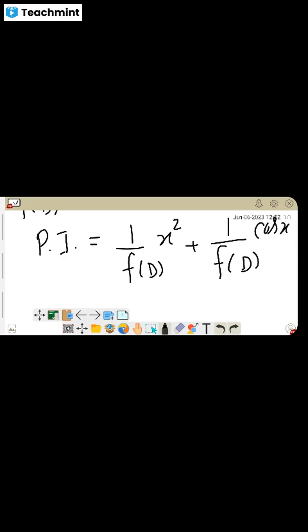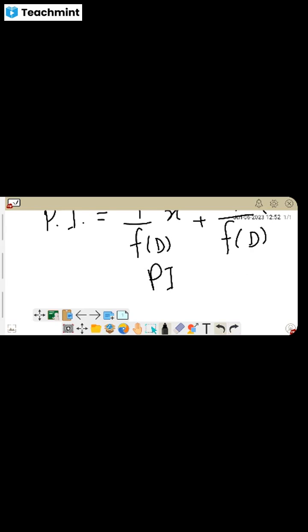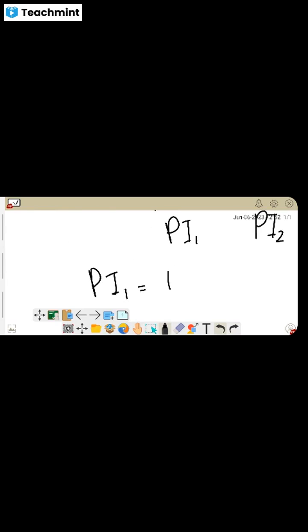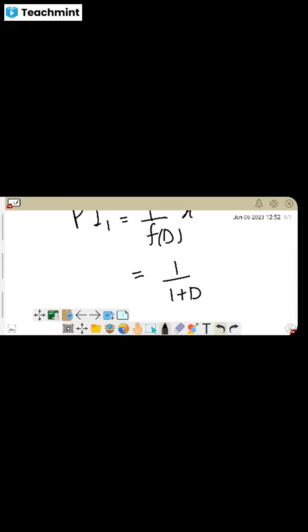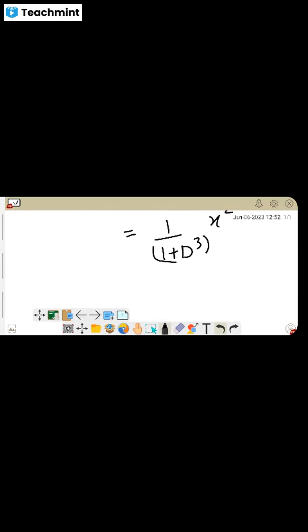We can say this is pi1 and this is pi2. So pi1 is 1 upon fd into x square, and fd is, you can write, 1 plus d cube into x square, and take this in the numerator by taking negative over, and now expand 1 minus dq.